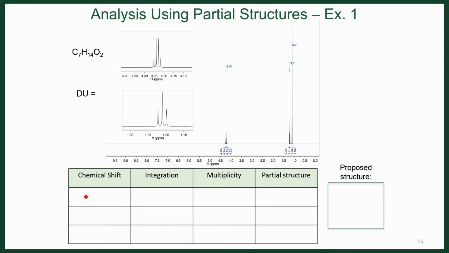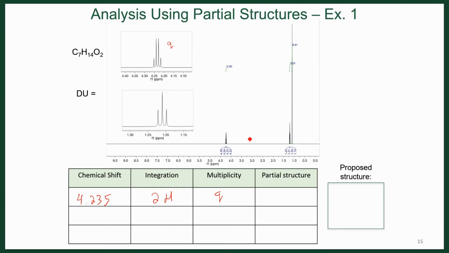And so here I have a chemical shift around 4.235, we'll say. That's probably more sig figs than we need. The integration value is 2 hydrogens. And then when I look at this signal here, I see a 1 to 3 to 3 to 1 pattern. It has 4 lines, so I'm going to call that a quartet.